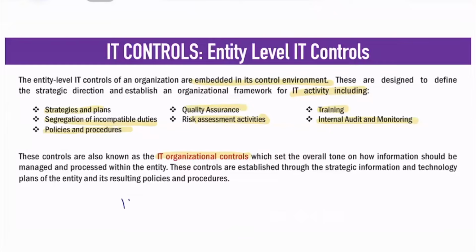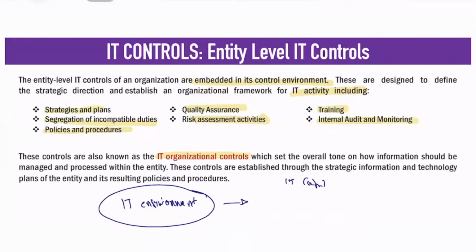Therefore, if our problem is the entity environment, which is known as the IT environment, the IT control in place there is your entity level control. Entity level control. And it sets the overall tone at the top. And what are the components of the tone at the top? We have your strategies, segregation of duties, policies and procedures, risk assessment, training, etc.